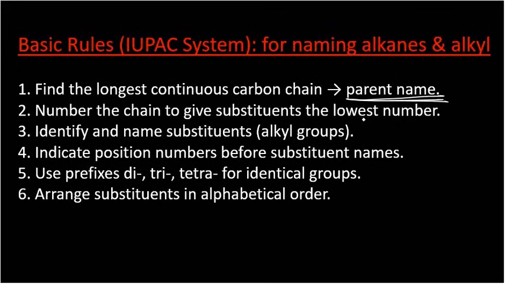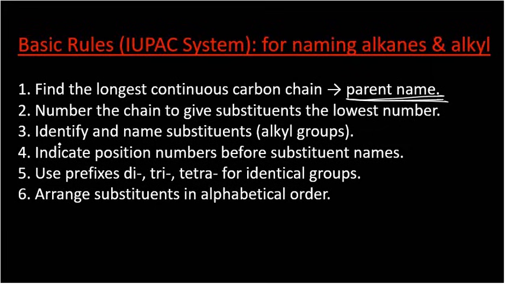And the second thing is number the chain to give substituents the lowest number, or in another way, make sure that the branches connecting to the parent have the lowest number, or are closer to the end of the carbon chain.